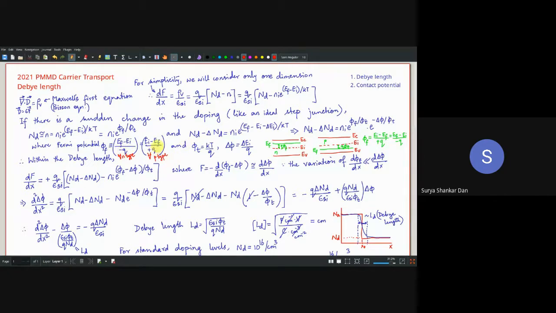For P type the majority carrier is plus Q charge, and in P type EI is larger than EF, and in N type EF is larger than EI. So basically these two equations are exactly mathematically the same, because Fermi potential, this parameter, is taken as positive. Okay, so this is a small notation which I have used.